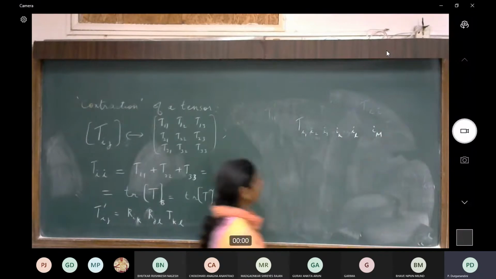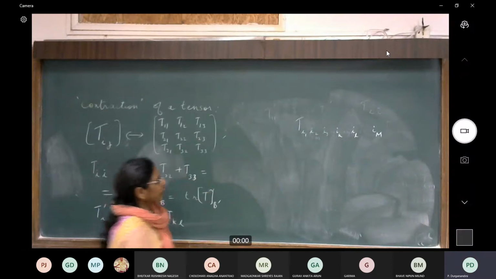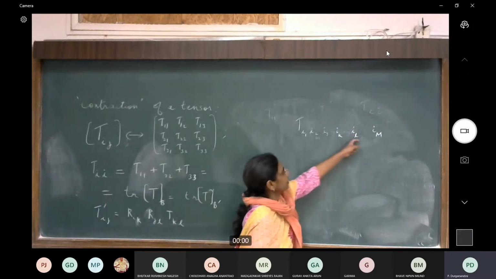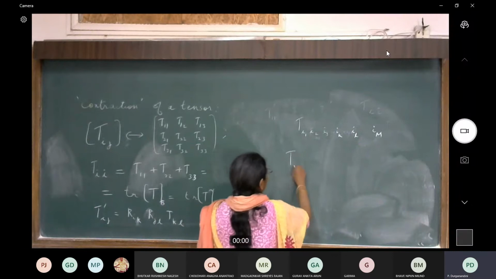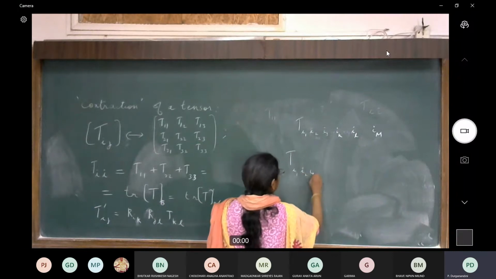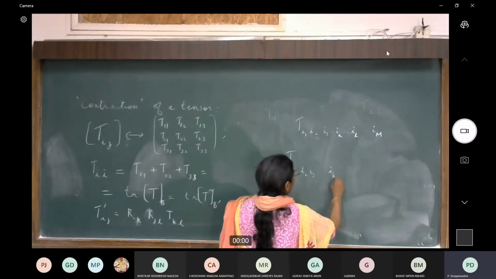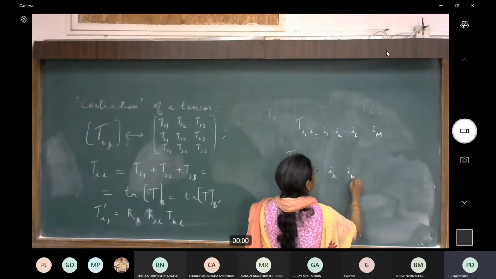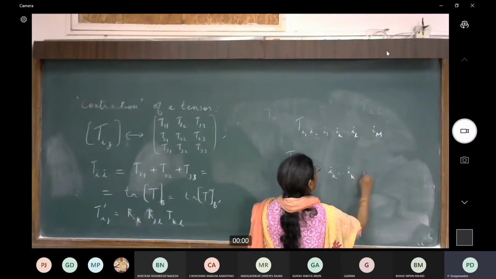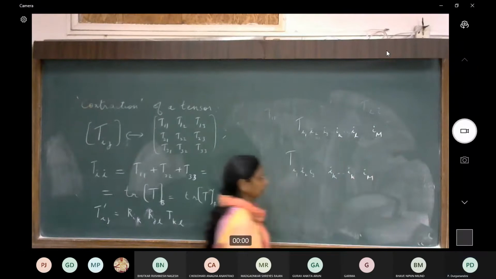So this is a tensor of rank n. And now let me say I contract the indices ik and il. So contracting means ik and il become the same. So it becomes ik, ik, and then I have in.